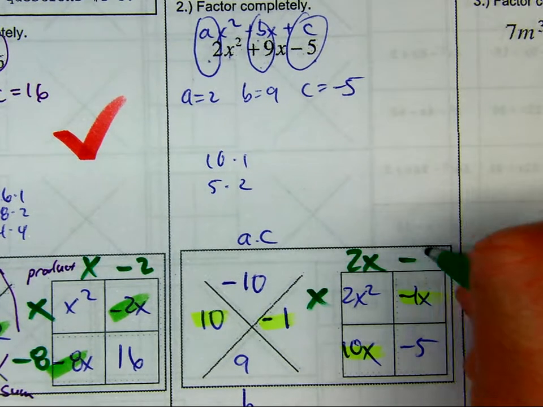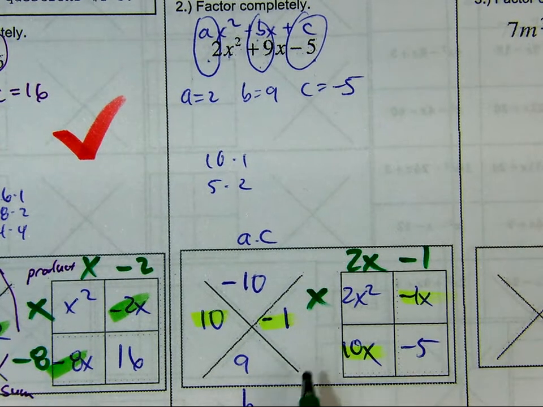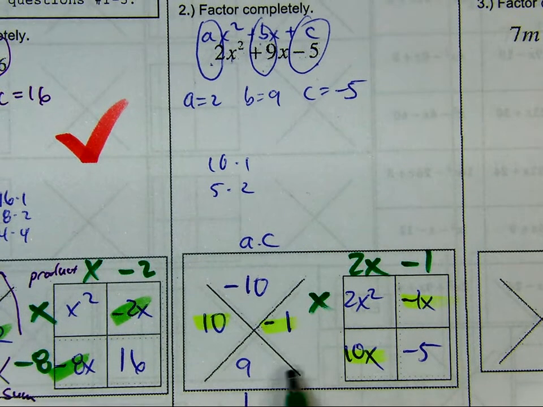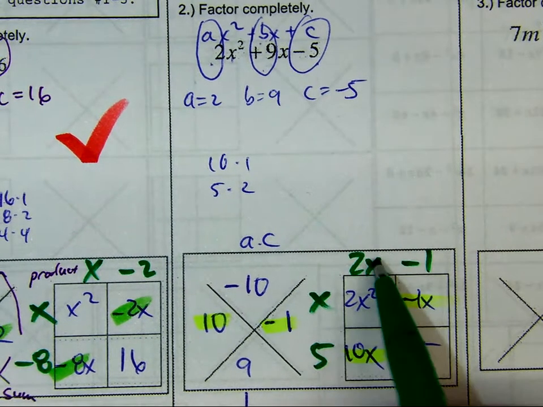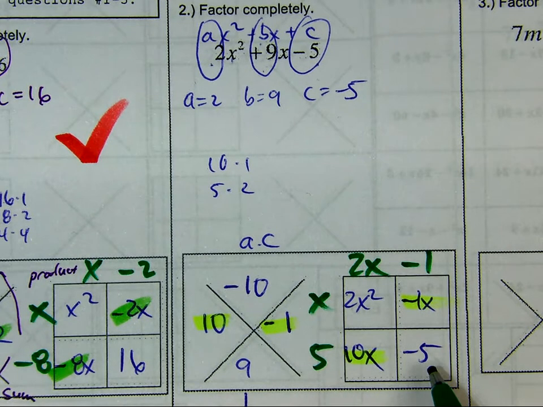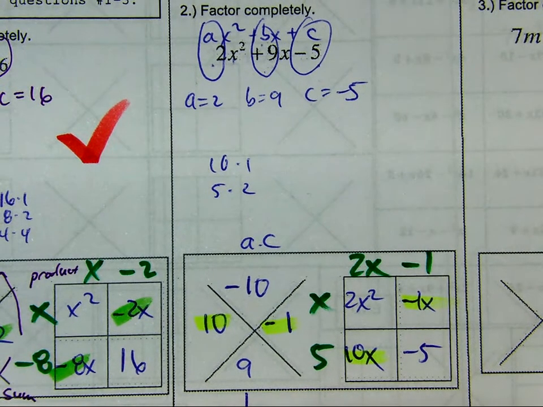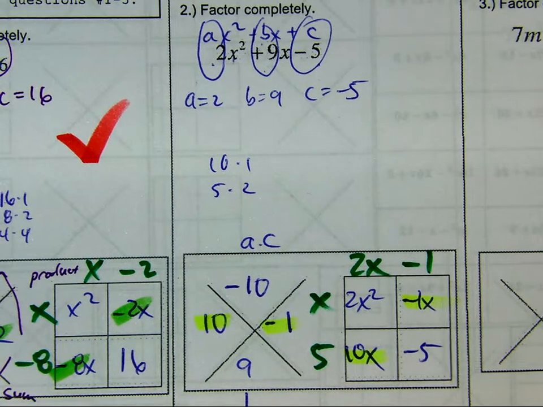Negative 1. So negative 1 times x is negative 1x. And then what's the greatest common factor over here? So 2x times 5 is 10x, and 5 times negative 1 is negative 5. My answer is x plus 5 and 2x minus 1.